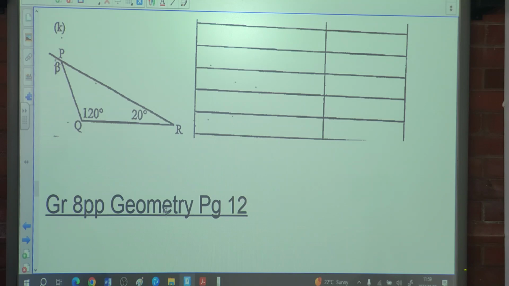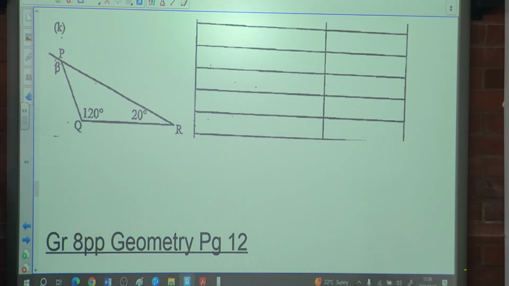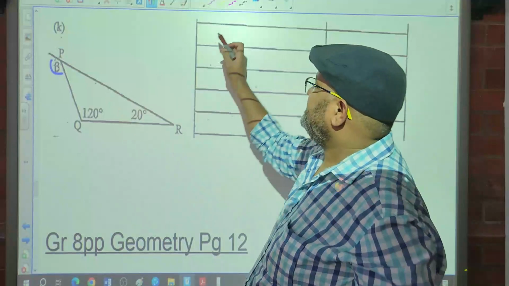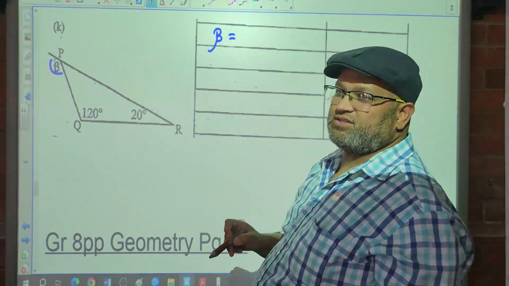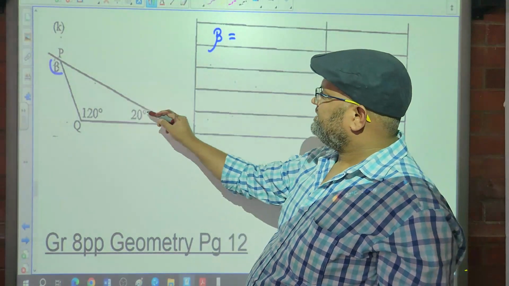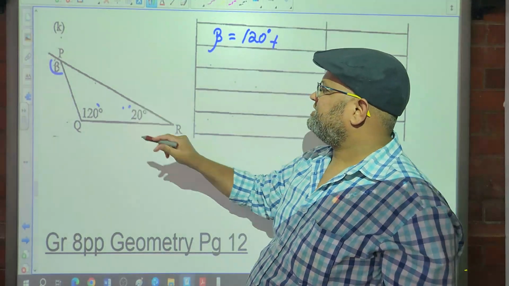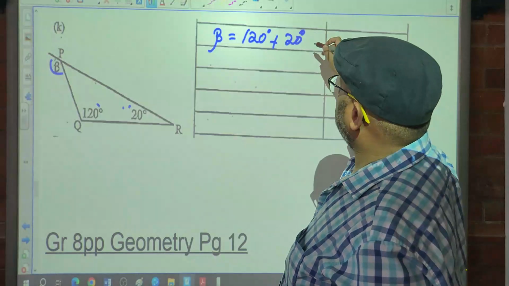The next one. That's again the same rule being applied here, not so? So what can we say here? Beta is equal to 120 plus 20 degrees. Why?